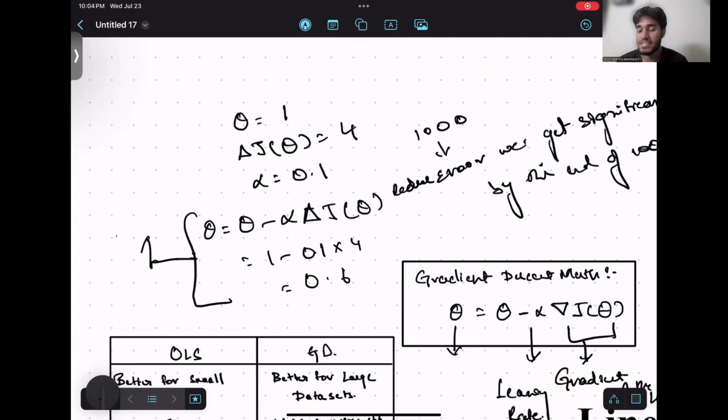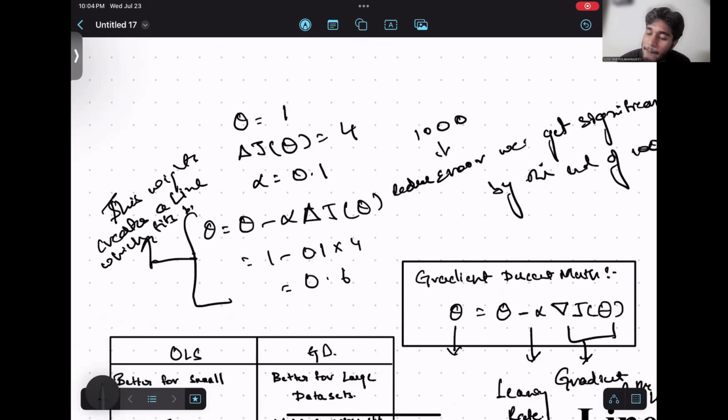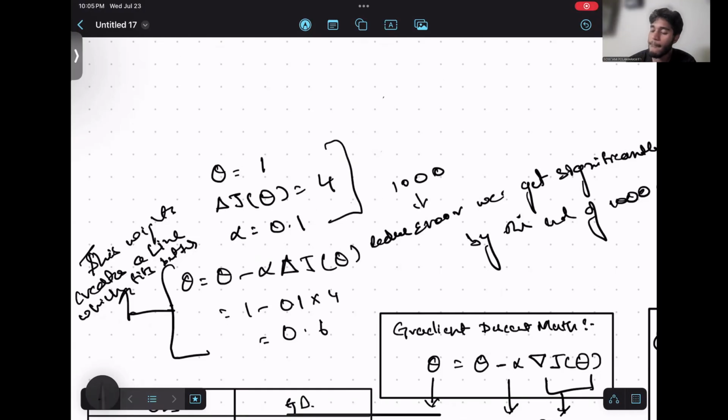So according to gradient descent, we can say that this weight creates a line which fits better than the previous line.